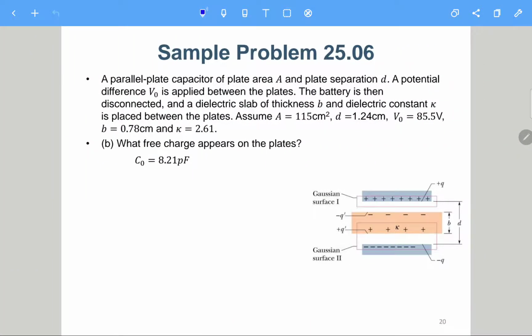So the next one, what is the free charge that appears on the plate? It asks you what is Q. So Q0 should be C0 times V0.